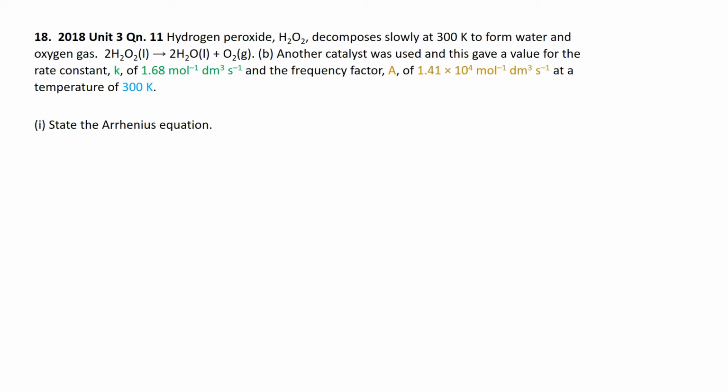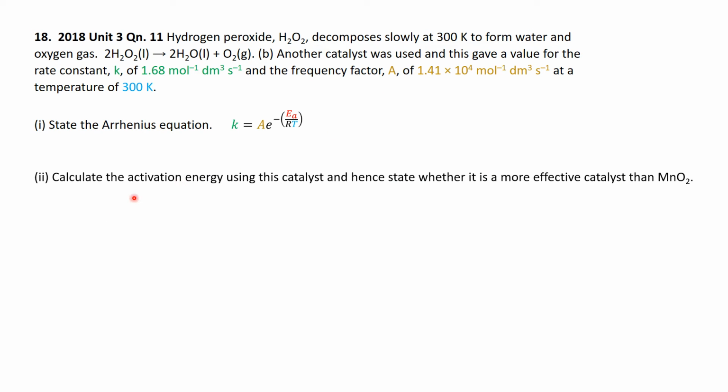Now on to the Arrhenius equation, always great fun. State the Arrhenius equation. Well, k, the rate constant, which we know for this question, by the way, is equal to A, which we're told, times e to the power of minus Ea, which we aren't told, over RT, at temperature, in this case 300 K. So there's the Arrhenius equation.